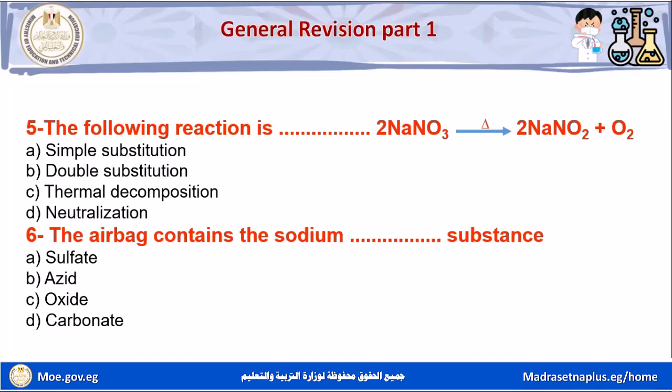Letter B, double substitution. Letter C, thermal decomposition. Letter D, neutralization. The following reaction is thermal decomposition: 2NaNO3 decomposed by heat into 2NaNO2 plus O2 evolved.